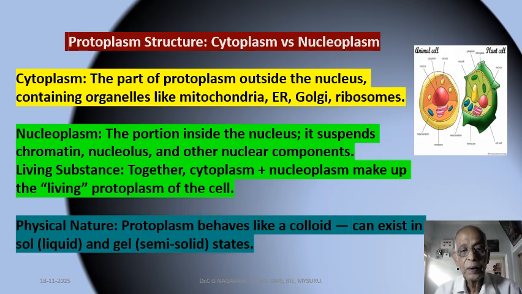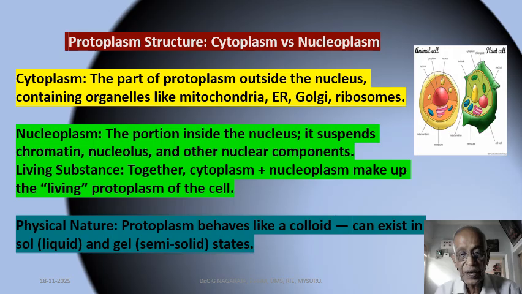Cytoplasm is the part of protoplasm outside the nucleus containing organelles like mitochondria, endoplasmic reticulum, Golgi apparatus, ribosomes, etc. Nucleoplasm is present inside the nucleus, and it suspends chromatin, nucleolus, and other nuclear components.